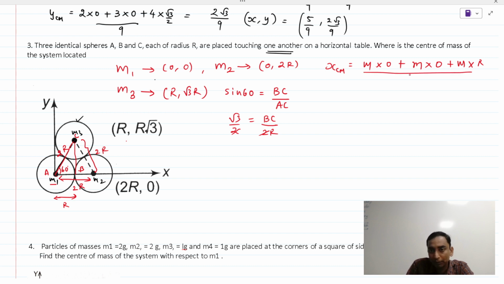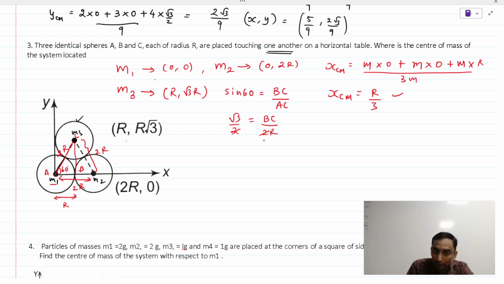And divided by the sum of the three masses, that is 3m. So XCM is basically r by 3, correct? Because it is m upon 3m times r. So m gets cancelled, so this is the x coordinate.